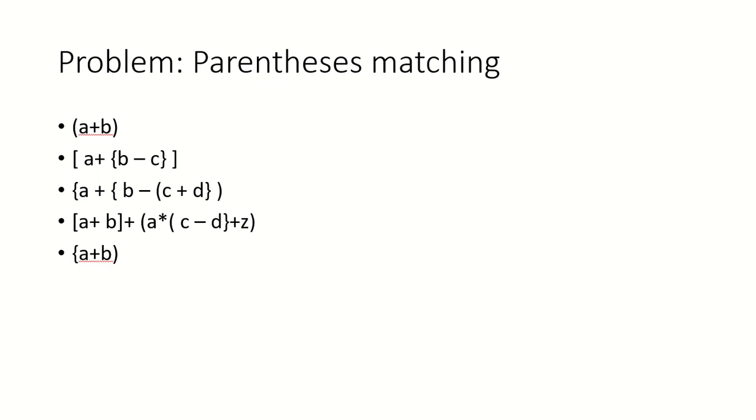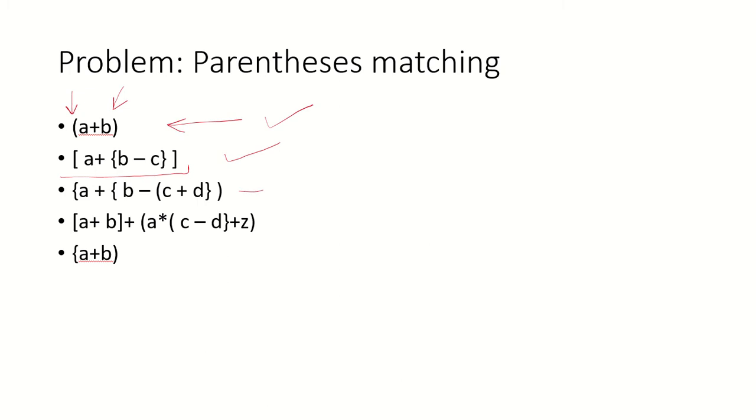Whenever we write an expression and we are compiling that program, the compiler always has to check whether the parentheses in the expression are matching or not. So as we can see over here, in this case, the parentheses are matching. In this case, we see again that the parentheses are matching.